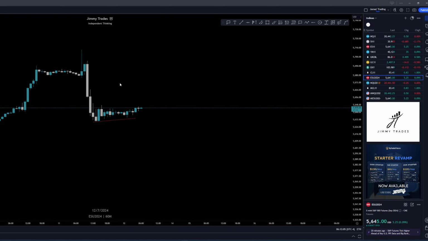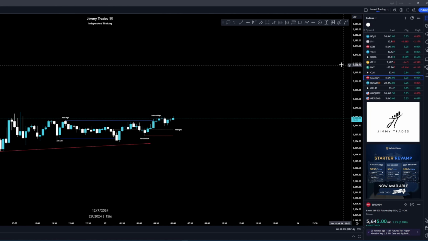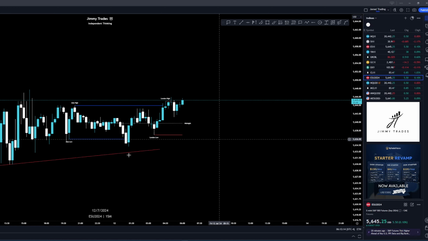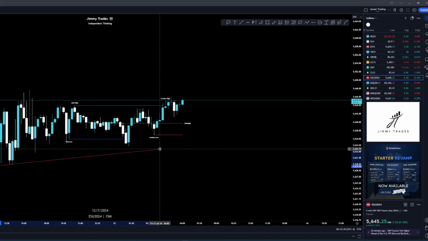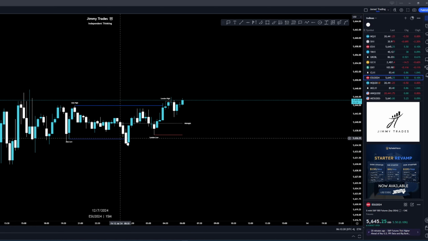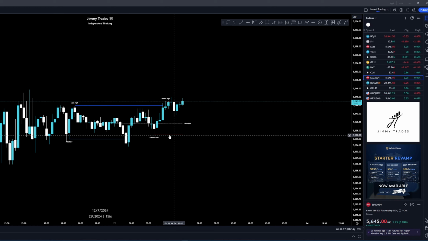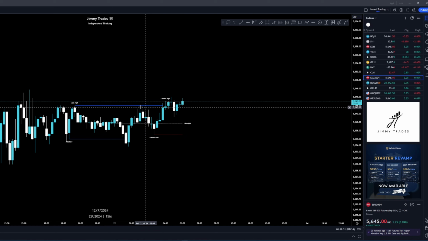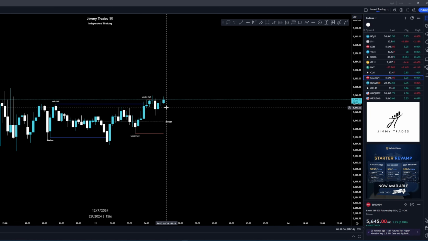Let's have a look at the 15-minute for a second to see what London and Asia look like. So we had Asia low swept. London low is still open, unmitigated. Asia high and London high have both been mitigated, so we'll keep an eye on this.